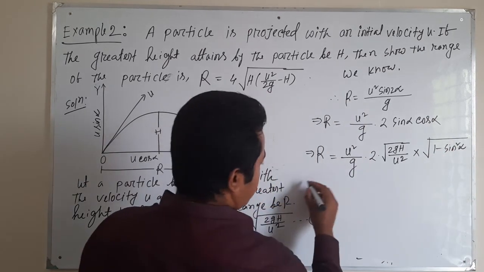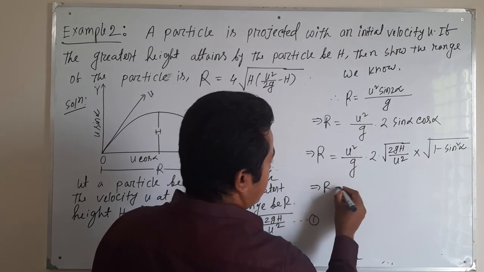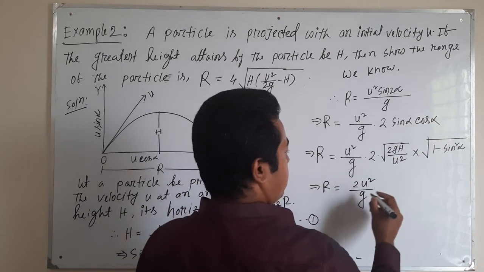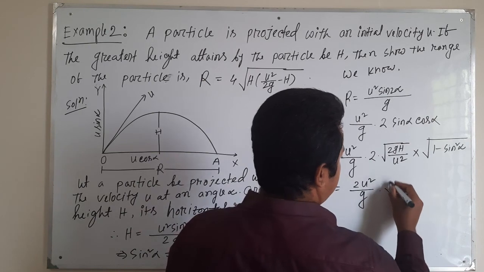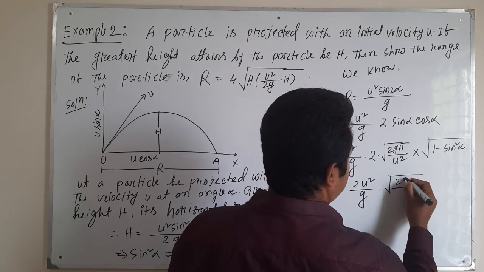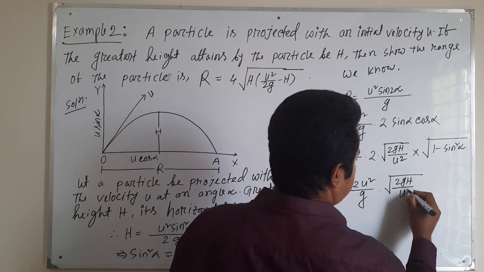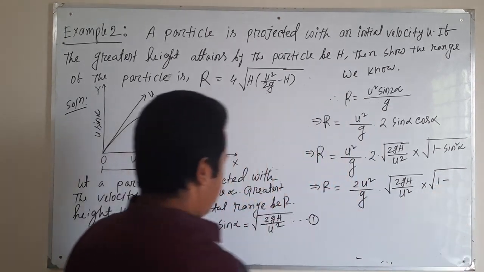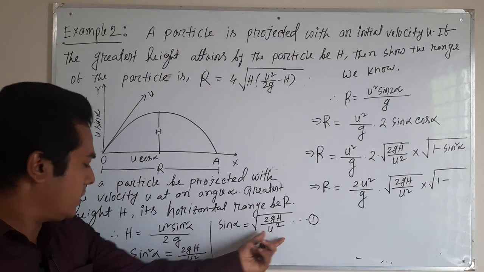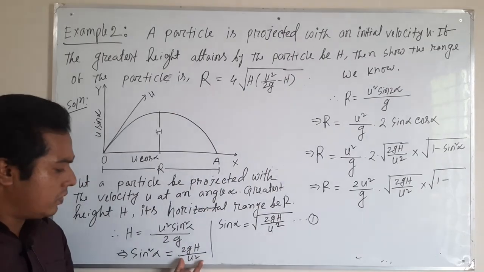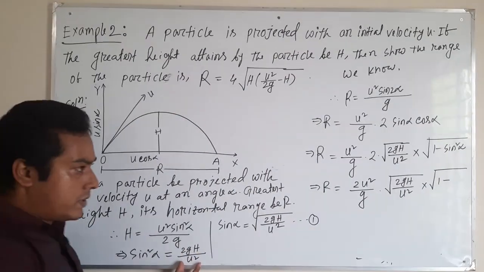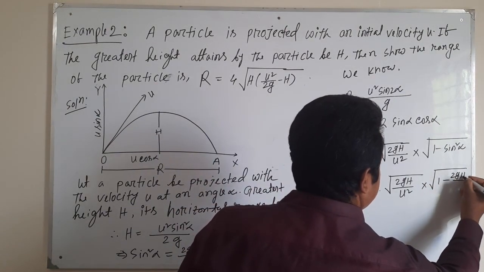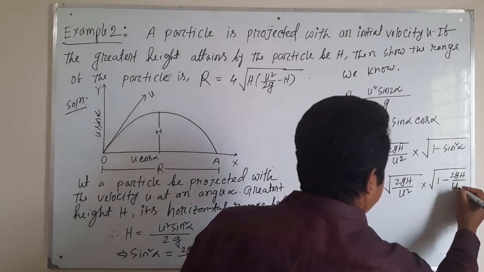Okay, so r is equal to 2u square divided by g and root over 2gh by u square into root over 1 minus sin square alpha. So sin alpha is equal to this and sin square alpha is equal to 2gh divided by u square. Okay.